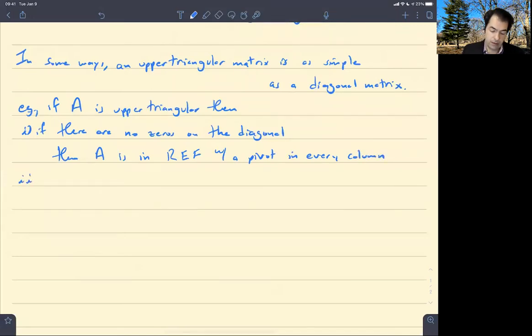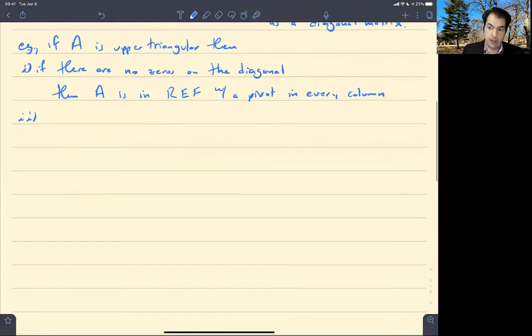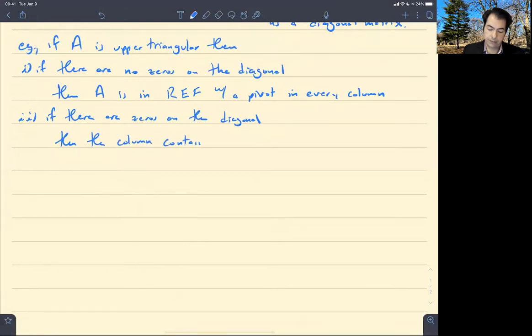And on the other hand, if there are zeros on the diagonal, then the column containing the first 0 on the diagonal does not have a pivot.